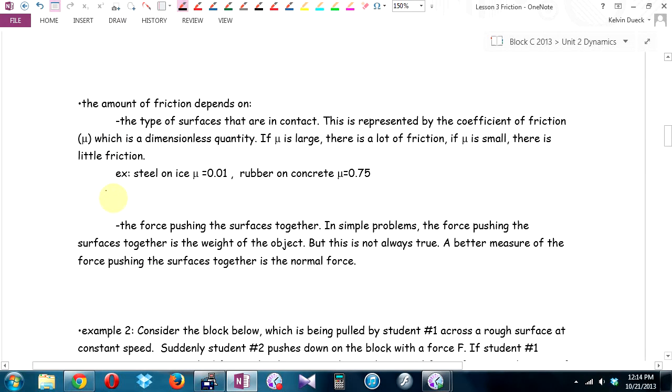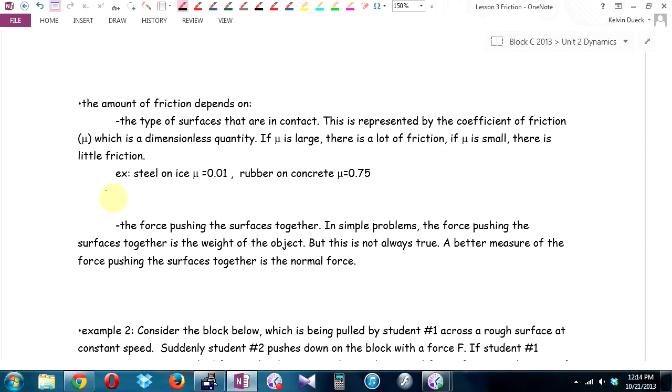The amount of friction depends on two things. The first thing that it depends on is the types of surfaces that are in contact with each other. Ice, not much friction. Teflon, not much friction. Sandpaper, more friction.